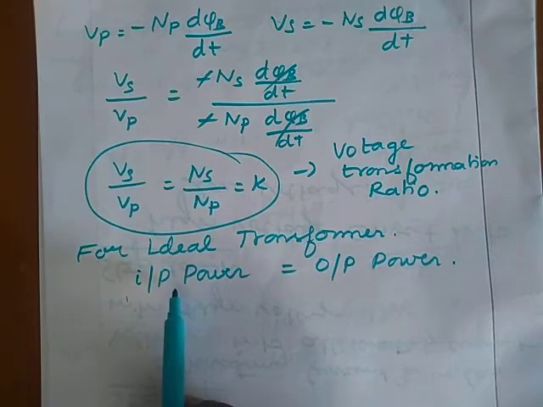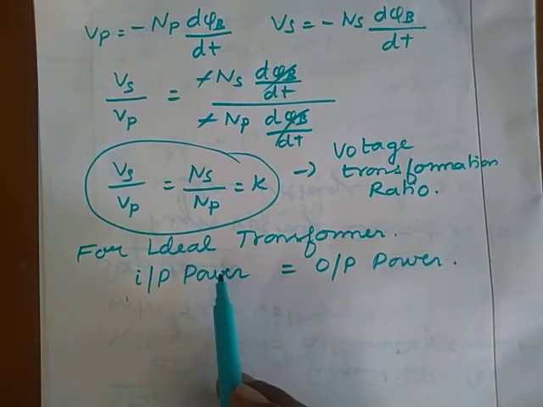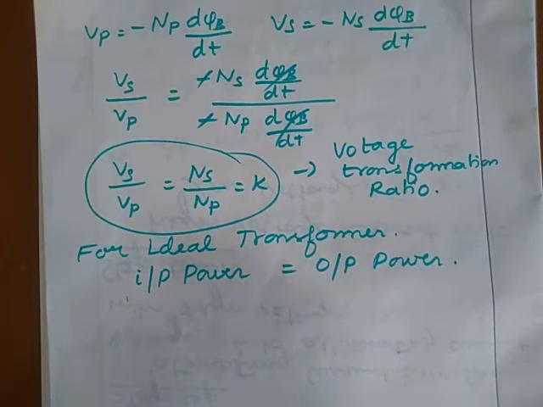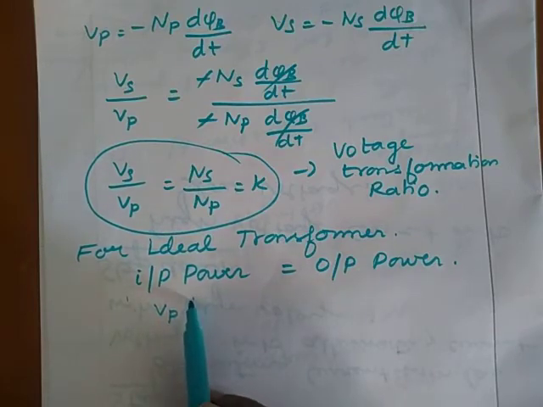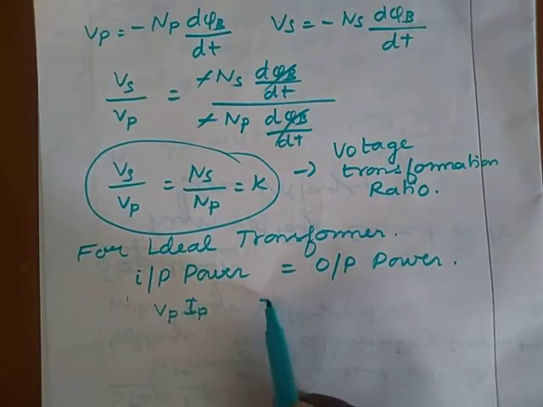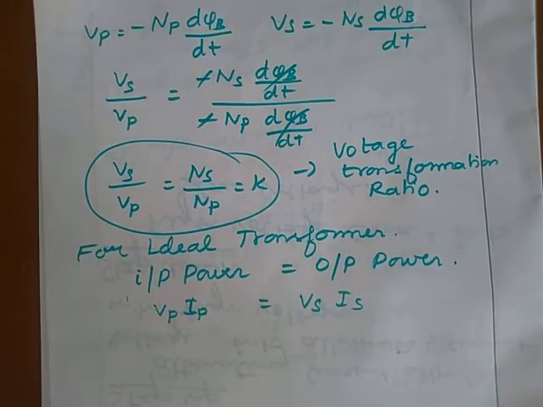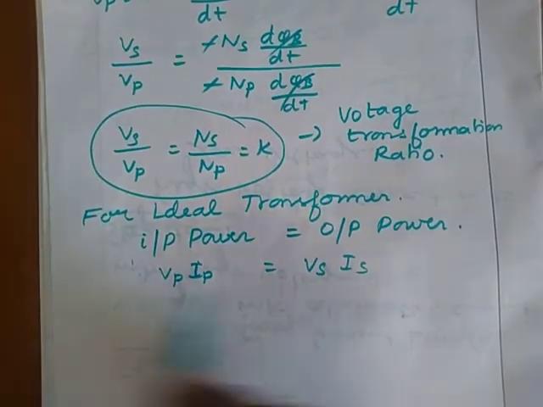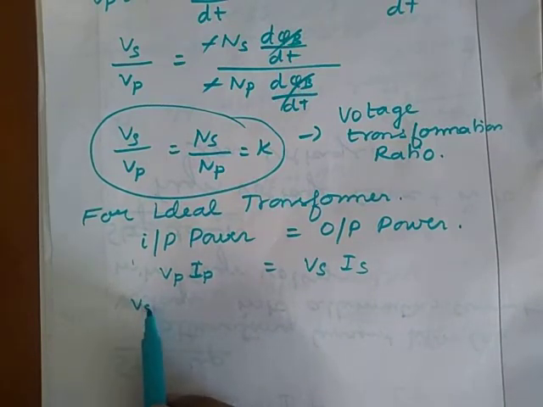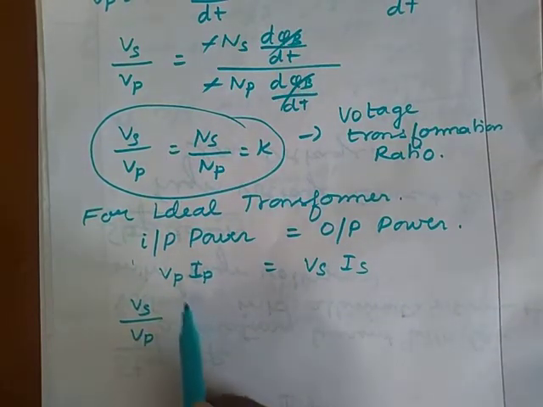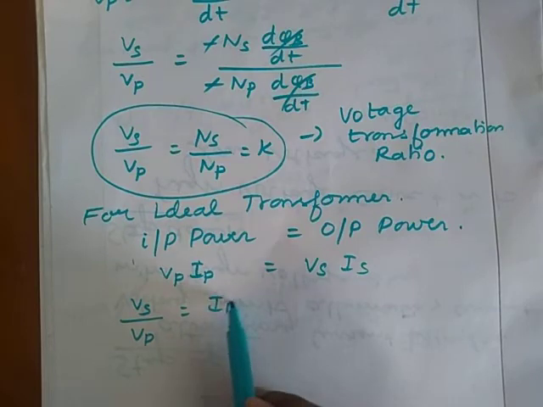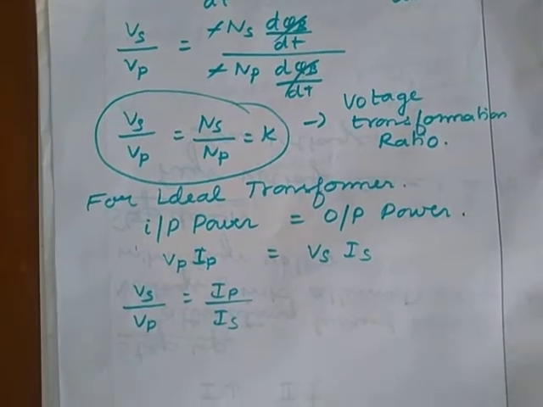We know the formula for power is voltage into current. So input side, that is primary side, power is V_p I_p, equal to V_s I_s. After solving this, we get V_s by V_p equal to I_p by I_s.